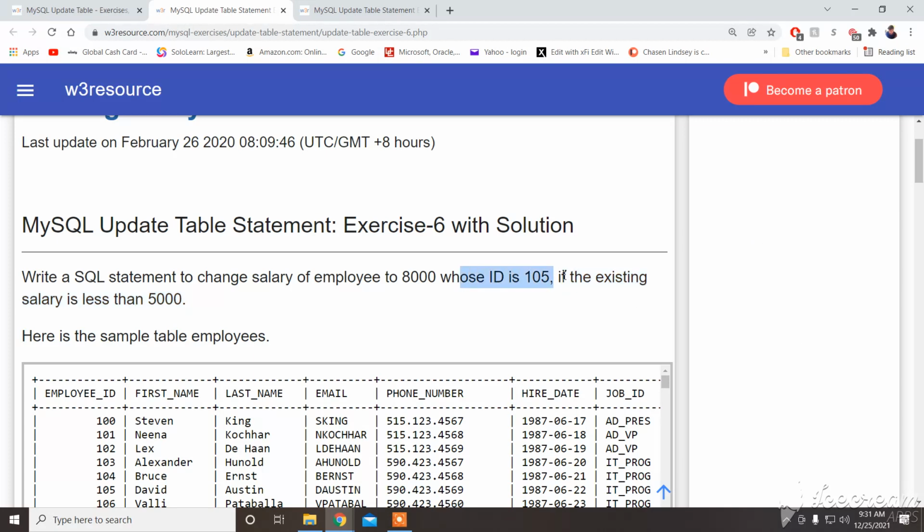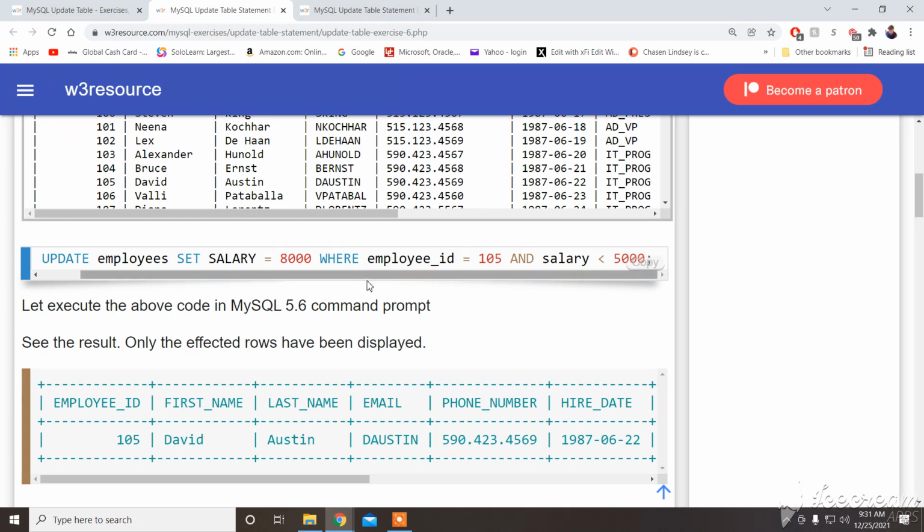So your ID has to be 105, and you have to be extra poor, making only 5,000. And so that's why they would use this scenario.